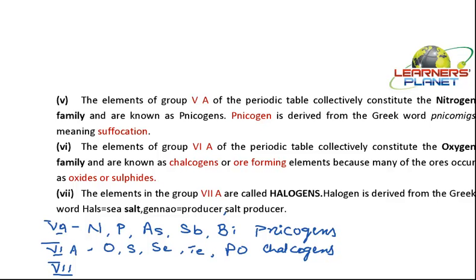They are fluorine, chlorine, bromine, iodine and astatine. Now your salt, that is sodium chloride or potassium chloride or potassium bromide, these are all what? These are salts. So these elements are called as salt producers or halogens. So group 3 to group 8 constitutes the non-metals.